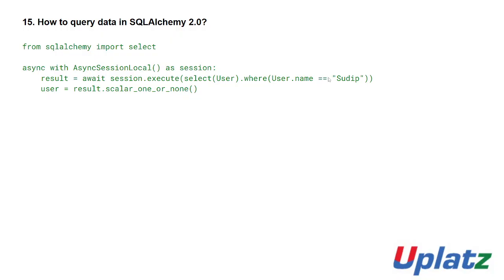So this is the query, and user = result.scalar_one_or_none(), that is scalar one or none, that will be the user.